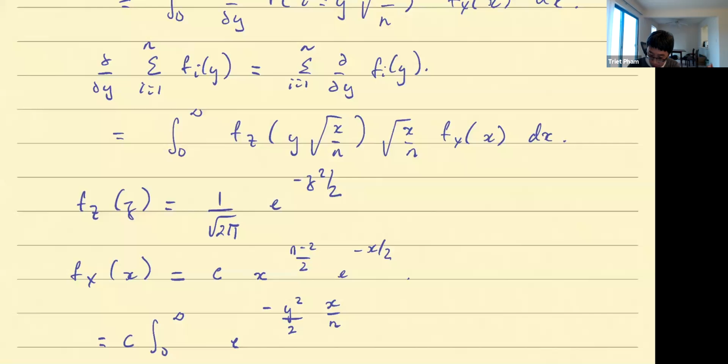I got x to the (n minus 2) over 2 here, and then this is going to be the square root of x, that's a 1/2, so that will put it up to x to the (n plus 1 minus 2) over 2. Let me put it like this: e to the minus x over 2 dx. Is that okay?